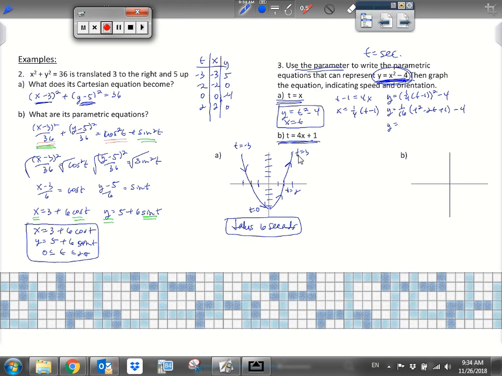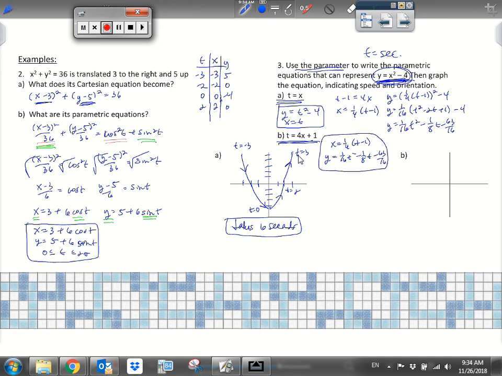And I'm left with y equals 1/16 t squared minus 1/8 t minus 63/16. Alright, so my equations are x equals 1/4 (t minus 1) and y equals 1/16 t squared minus 1/8 t minus 63/16.